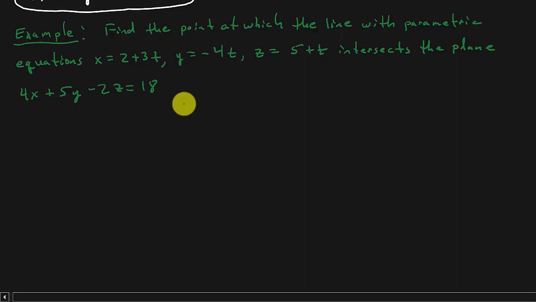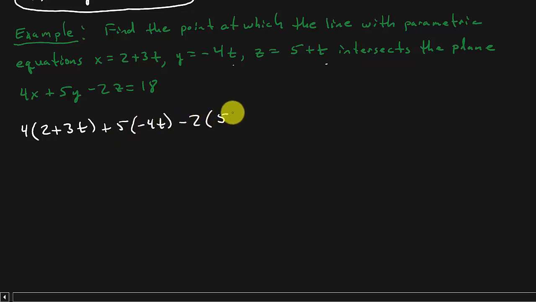Well, that's easy. Well, that's just 4 times x. Well, what's x? x is 2 plus 3t, right? We're just plugging these in for x, y, and z. And then that's going to be plus 5 times negative 4t minus 2 times 5 plus t equals 18.